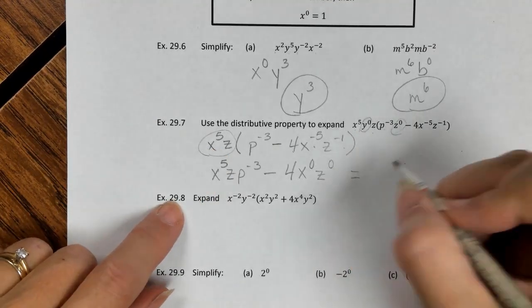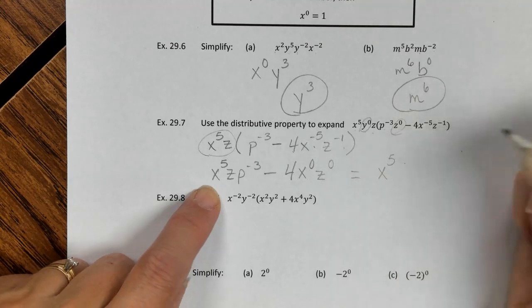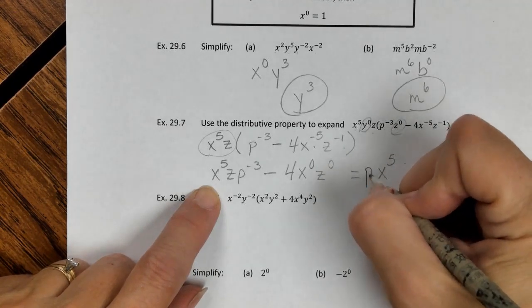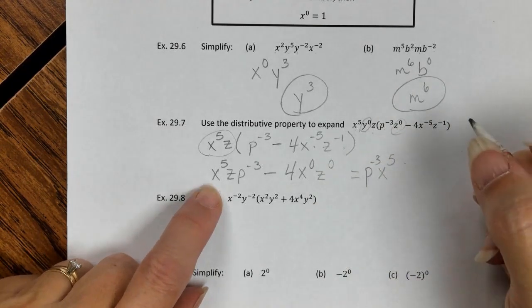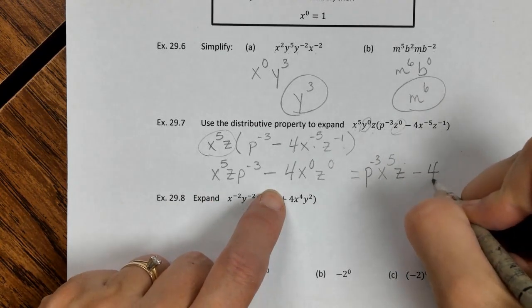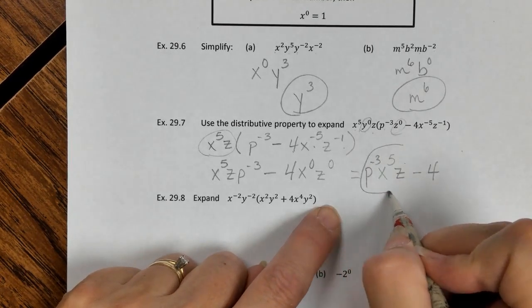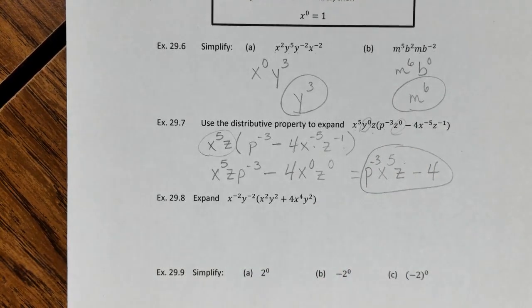So my final answer is, I could alphabetize them here, I think I will, p to the negative third, x to the fifth z, minus 4 times 1 times 1. But simplified, that's just 4. So that is the final answer to this one.